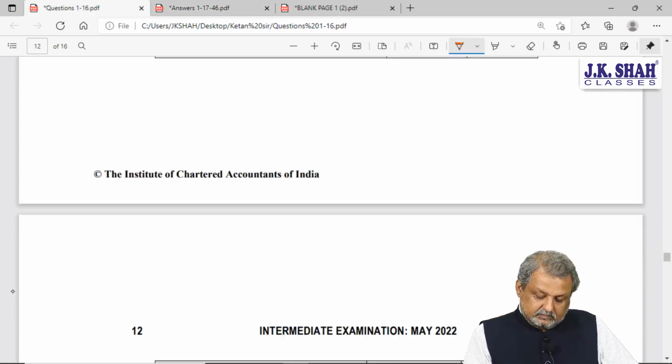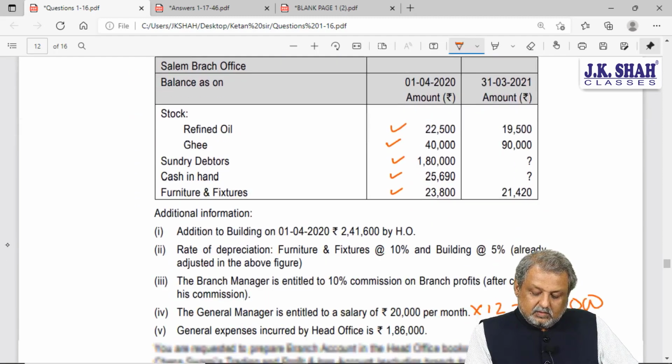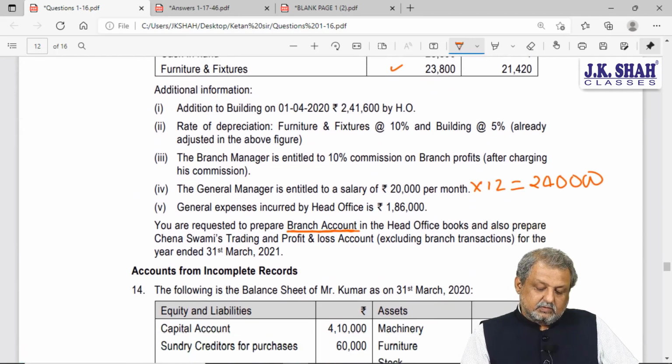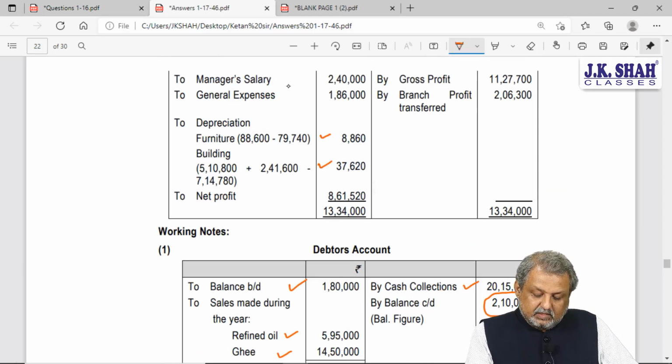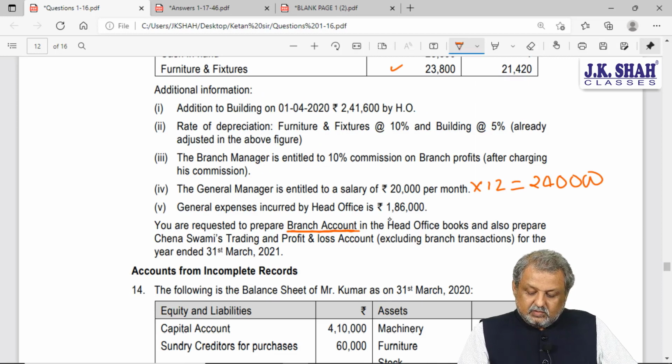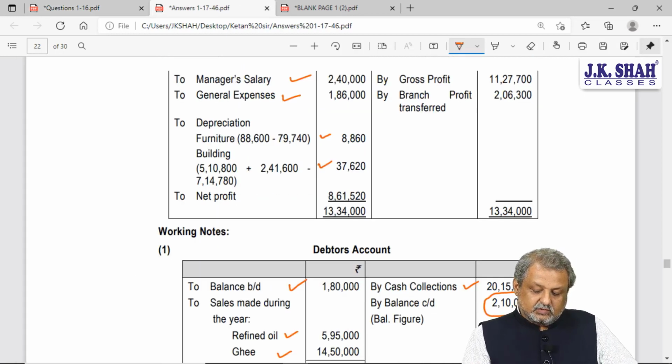Then next, branch manager's commission is something that is given out of branch. Then general manager's salary 240, so general manager's salary 2,40,000, general expenses 1,86,000. So simple, net profit is balancing figure.